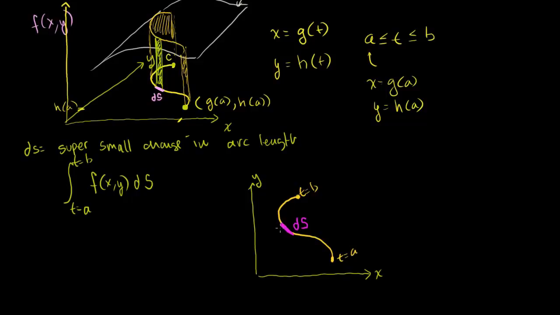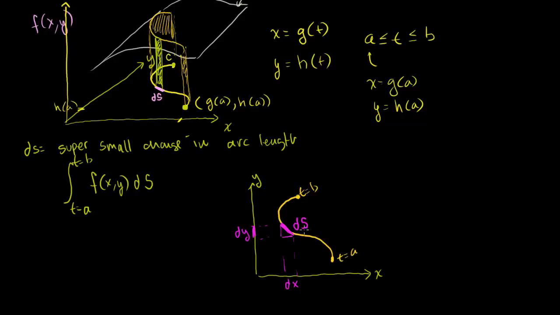You can figure out the length of ds if you know the lengths of these super small changes in x and super small changes in y. So if this distance right here is dx, an infinitesimally small change in x, and this distance right here is dy, an infinitesimally small change in y, right?